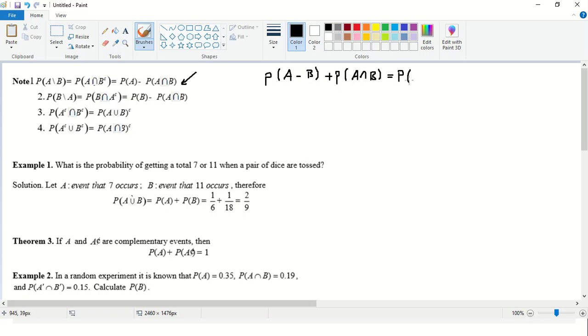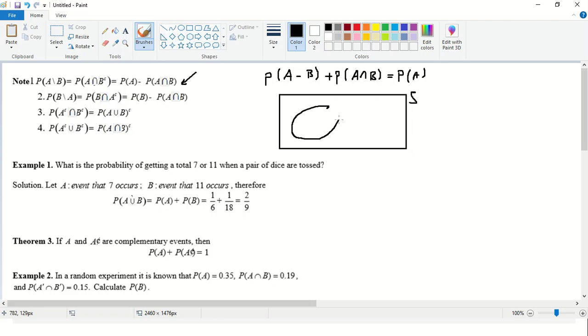If I prove this relation, then note 1 will be proved as well, meaning this one that I put an arrow on. It can simply be proved by taking a look at the shape. If I consider one sample space like this and put 2 events like A and B with the intersection, so they are not disjoint, it's a normal case that we can consider.